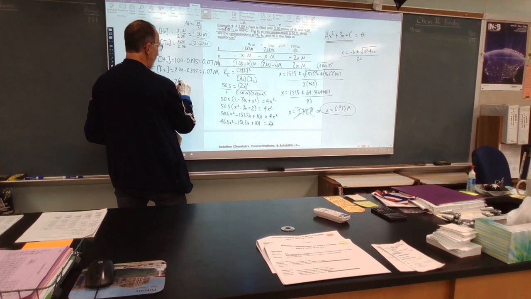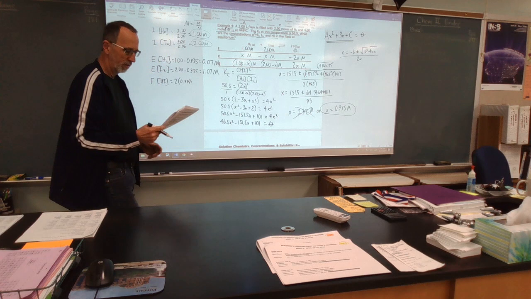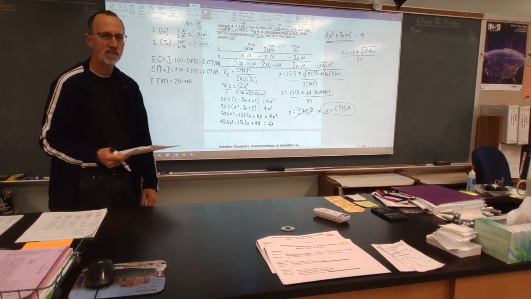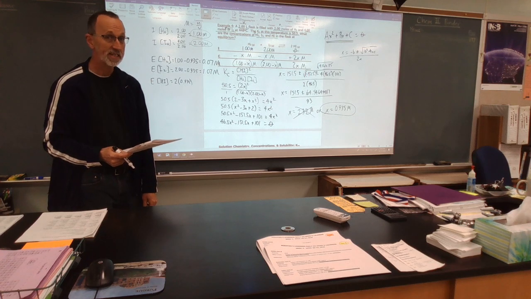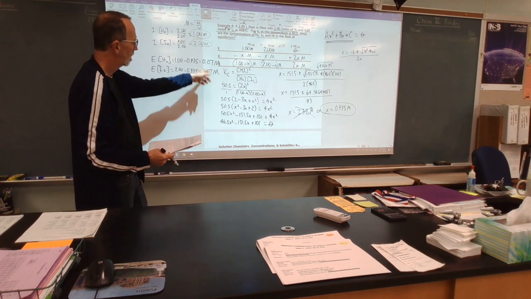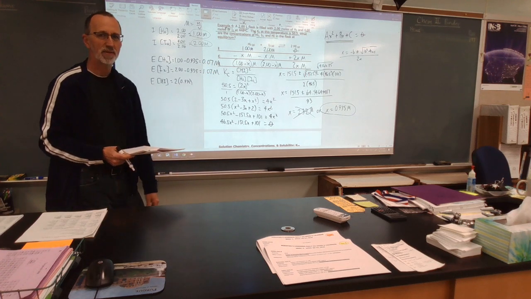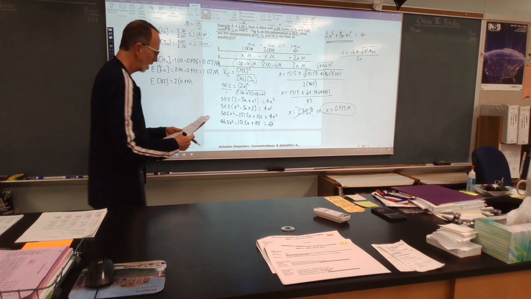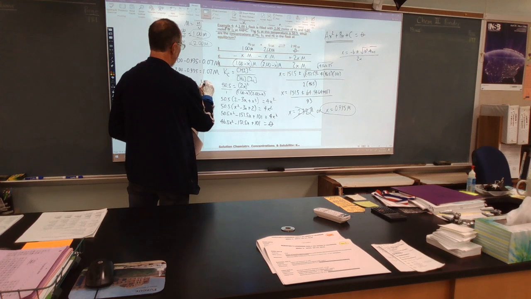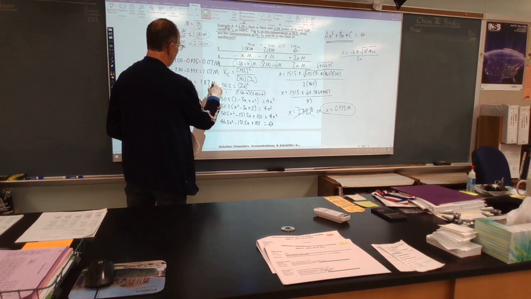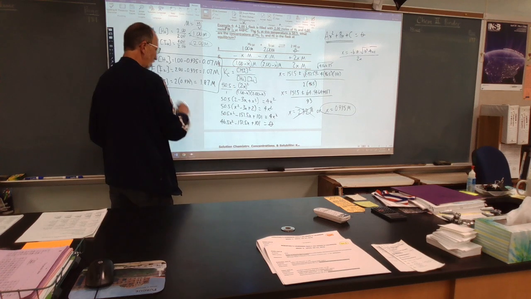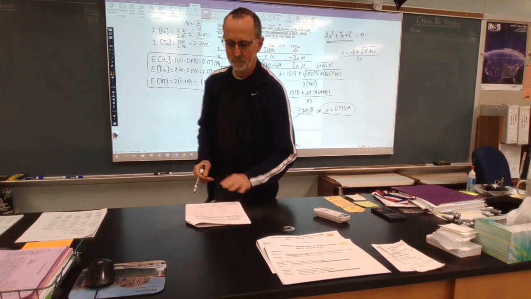So 2 times 0.935. So this one is 3 sig figs. We're multiplying by a constant. And so our answer needs to have 3 sig figs. So these two answers were given by decimal places, this last one by sig figs, equals 1.87 molar. And there, my friends, are your equilibrium concentrations.